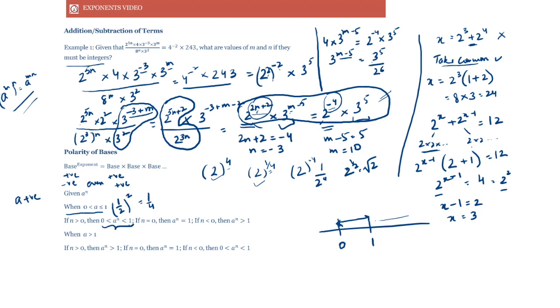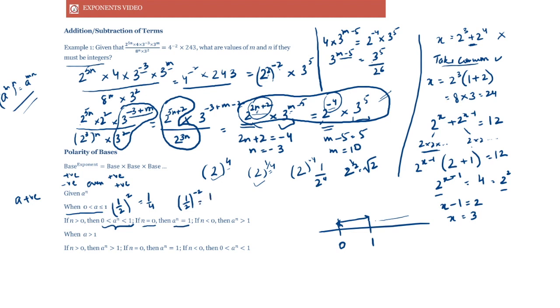When it is between 0 and 1, whatever exponent I give it, as long as the exponent is positive, it stays between 0 and 1. If the exponent is 0, then of course we know that it goes to 1, because A to the power 0 is always 1 if A is anything other than 0. And if n is less than 0, if we have a negative exponent, so let's say I have half and I raise it to the power -2, what happens?